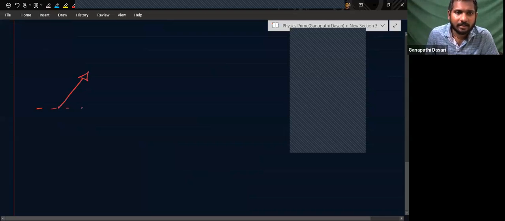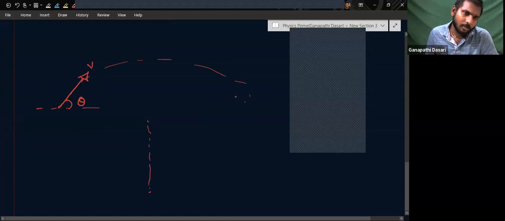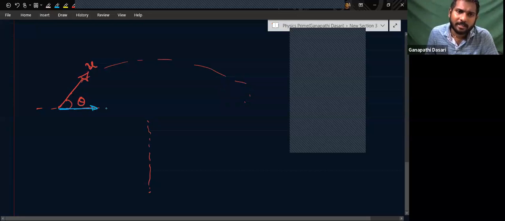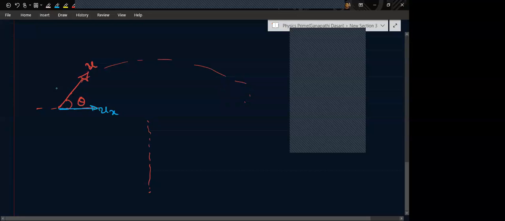Now we'll see the basic thing. Consider a ball thrown at an angle theta with the horizontal. Here I'll try to analyze this motion. What are the things we need to do? If it is thrown with a velocity u, there is an initial horizontal component ux, isn't it, Varun?